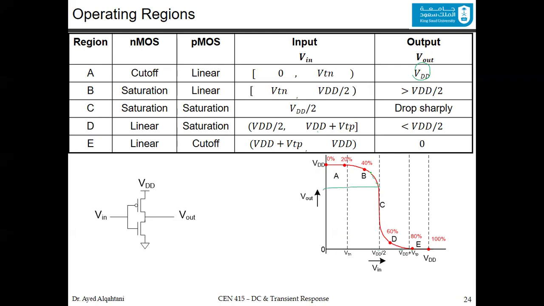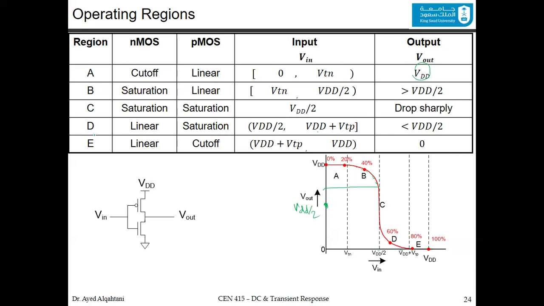So the output could be anywhere here. If VDD divided by 2 is at this point, then this region of the curve is larger than VDD divided by 2.